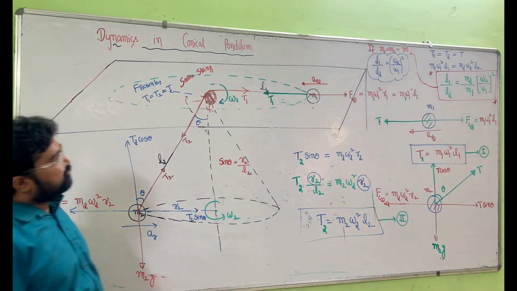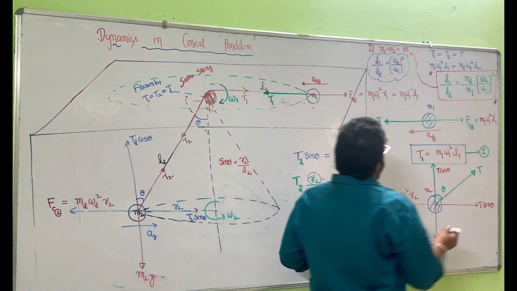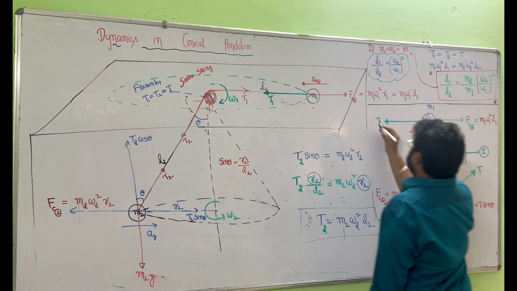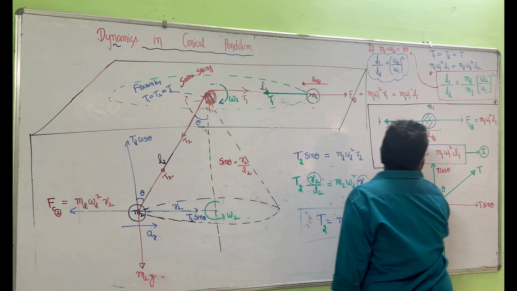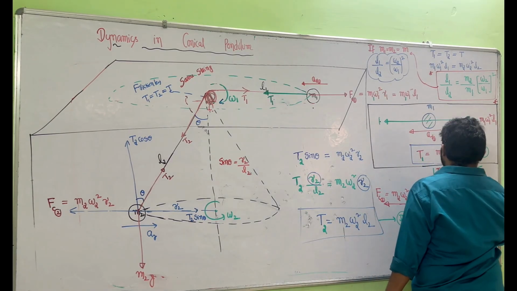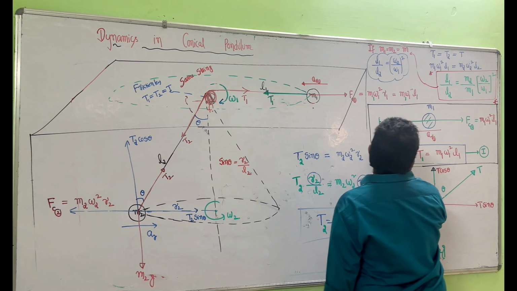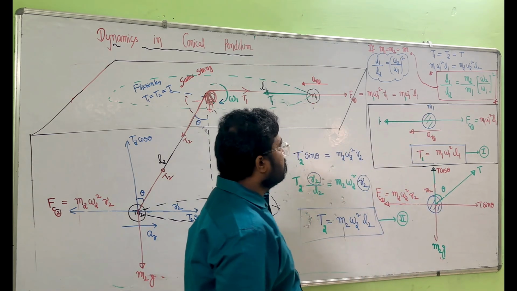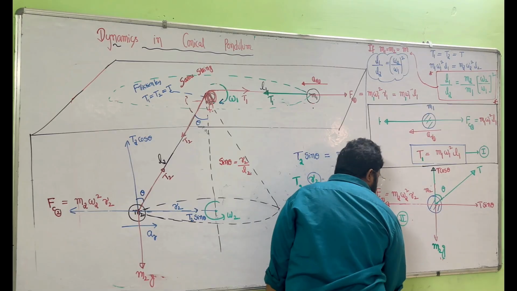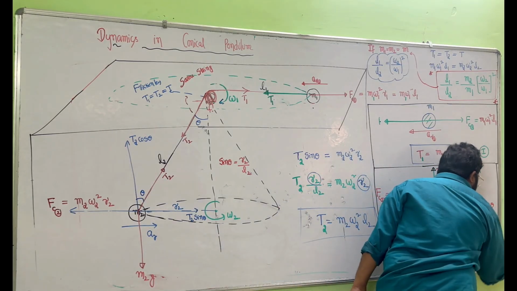First you have drawn the free body diagram. Up to here, this is the FBD for mass M1. This is the FBD for mass M2.